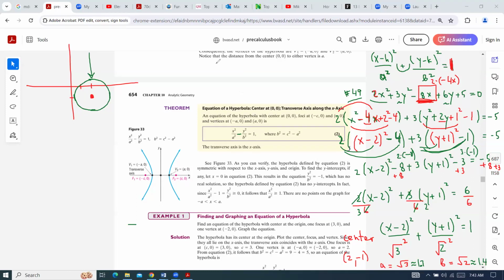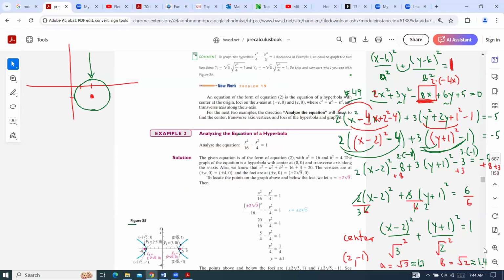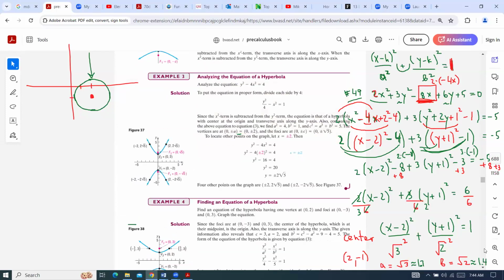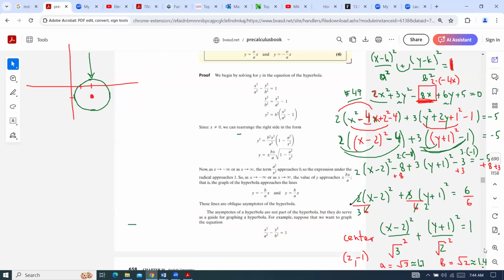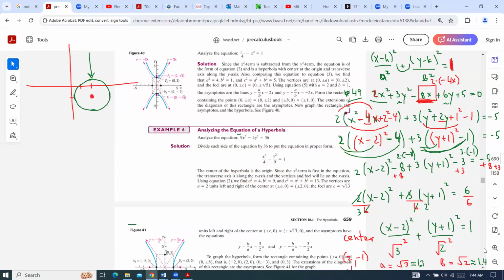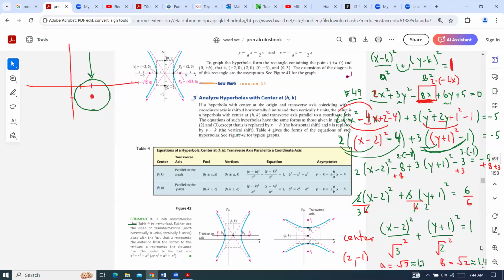So this hyperbola process is just analogous to producing the ellipse. And that's why the sections follow one another. And here's the actual general formula that you can find here, which is very, very similar to the ellipse, but it has a negative sign in between.